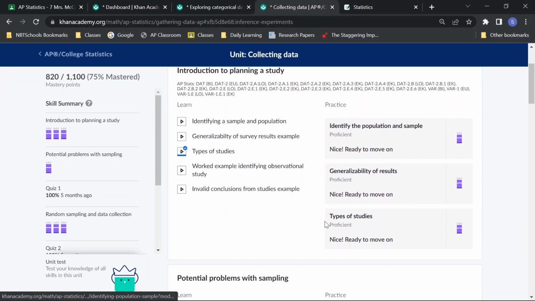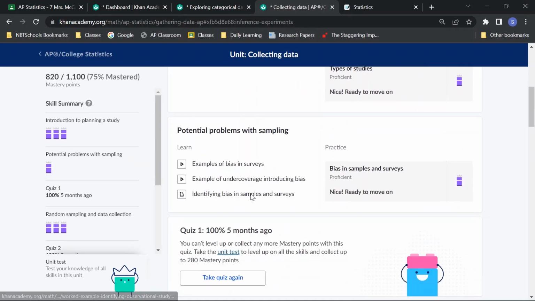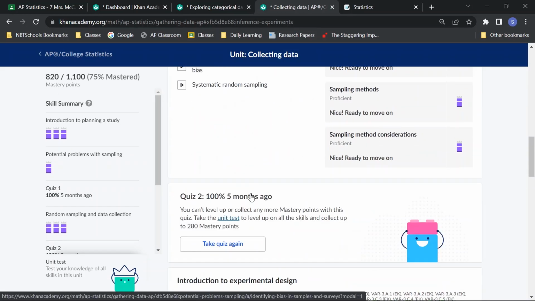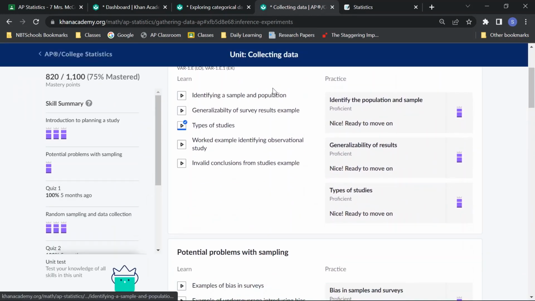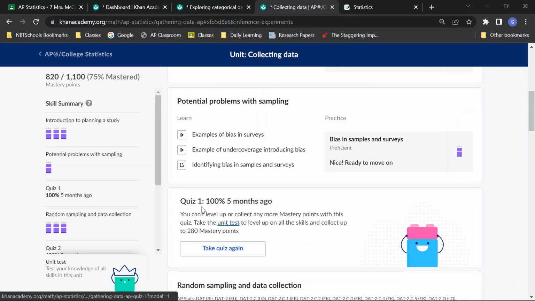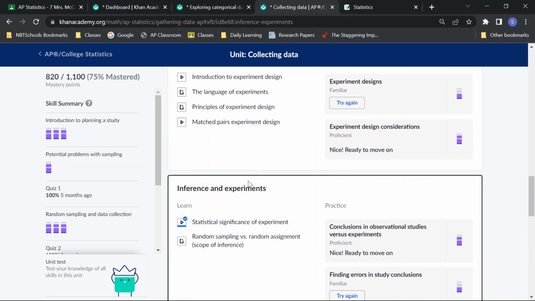Okay, hold on. Oh, this is horrifying. I'm gonna cry. I did experimental design. Now I want sampling. I need practice on sampling.